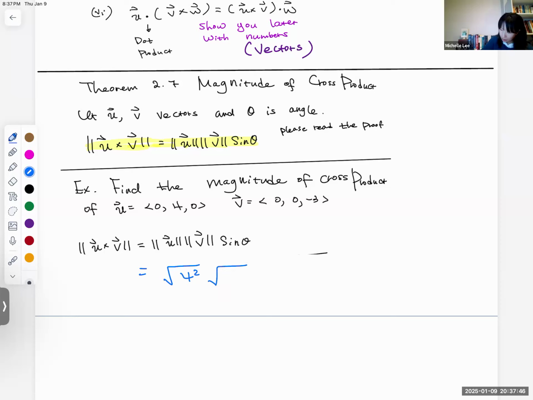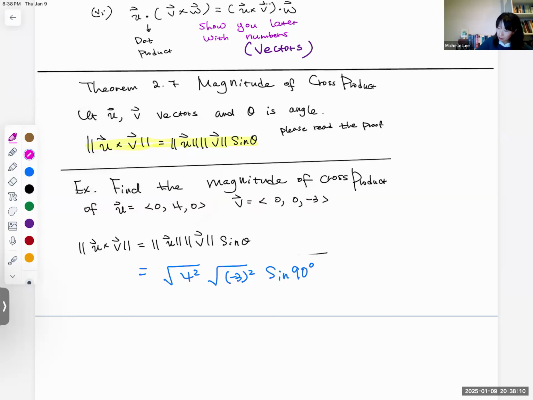And we get negative 3 squared, right? Then for sine, we are using 90 degrees, because we knew that, let me write it down.